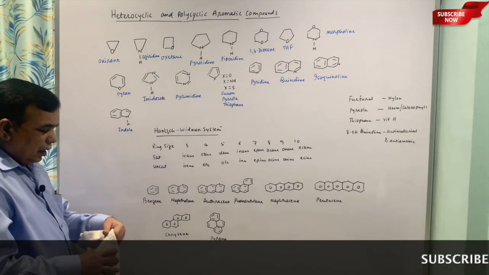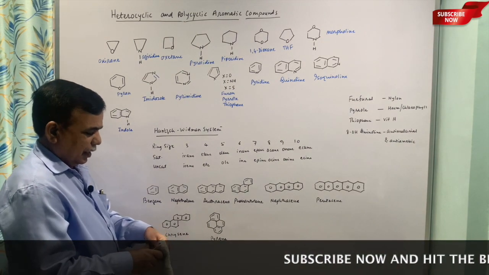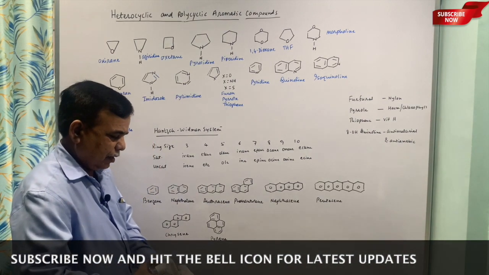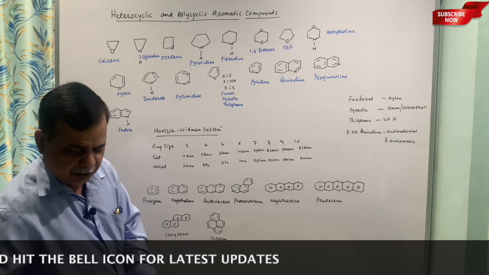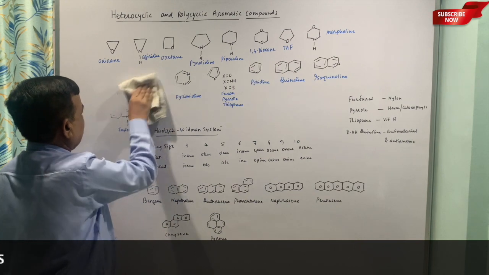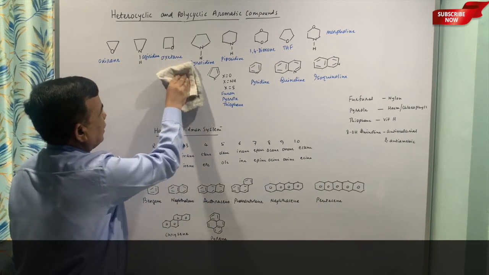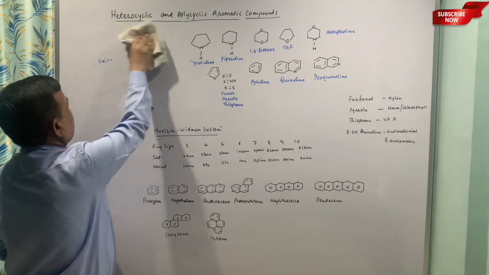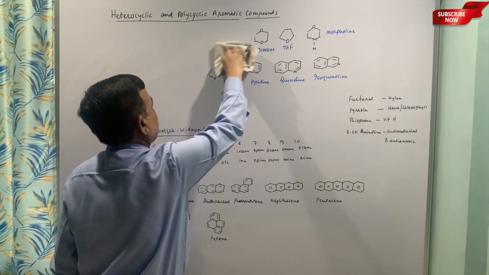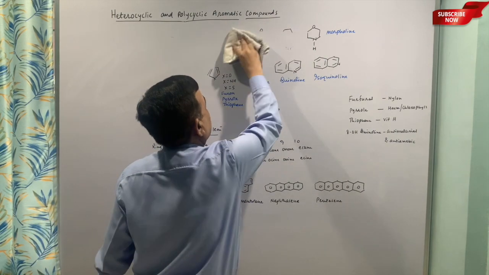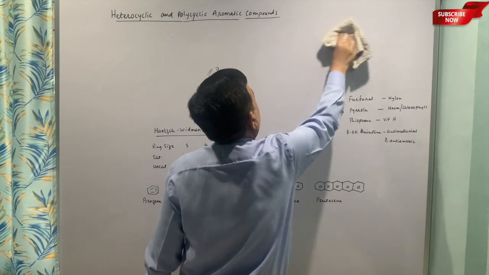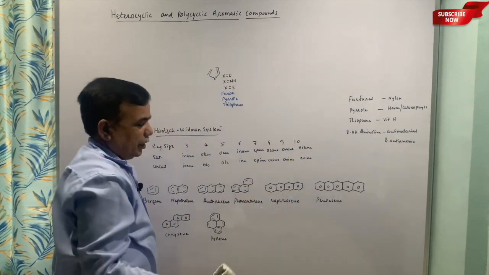So, let us look at the reactivity part, and now we will focus on the syllabus part, because the compounds which are there in the syllabus, we will talk more about them. So, let me clear the other part which is not necessary to study the electrophilic and nucleophilic substitution part. So, let us focus on the 5-membered rings, the aromatic ring. Now, the aromaticity is because of the lone pair of electrons of the heteroatom.